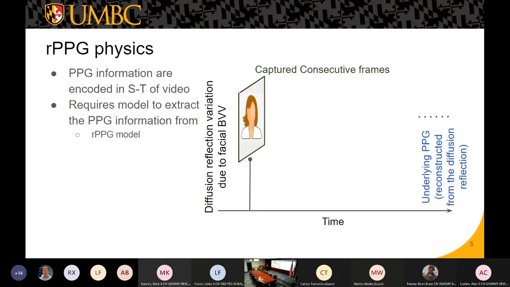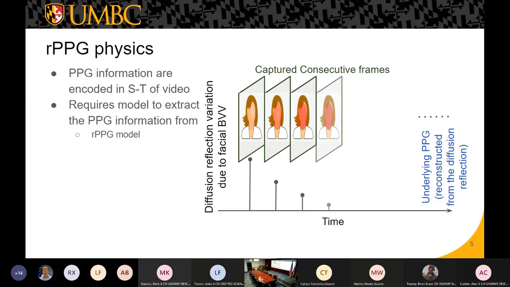If we go pictorially, let's assume this is a face and there is very low blood volume, so we get a strong reflected diffusion signal. With the progression of time, some blood comes, and the diffusion reflection we get weakens.